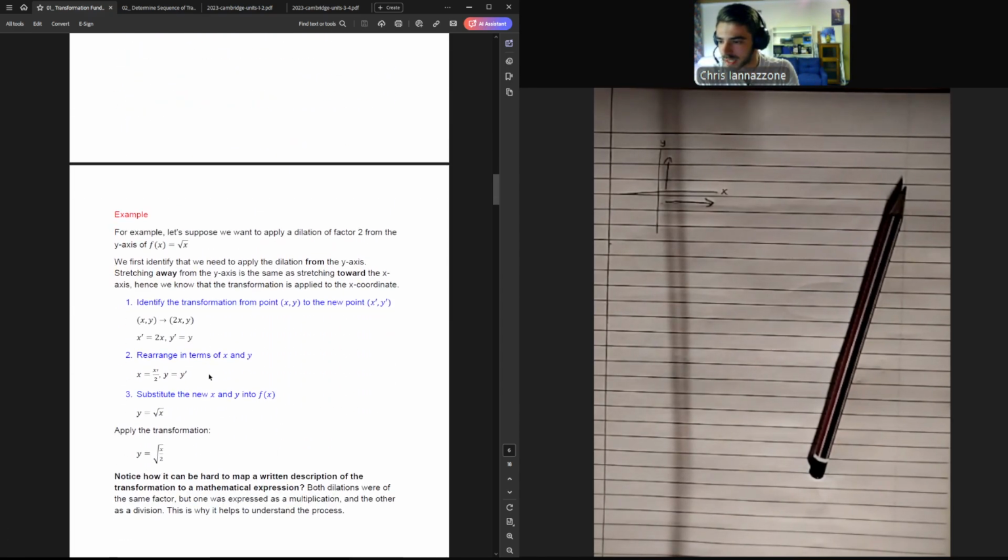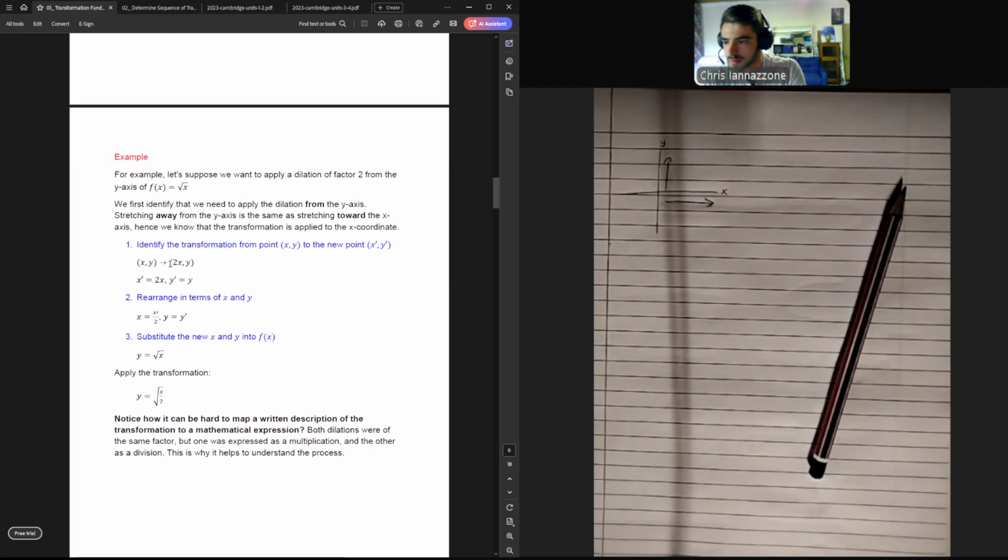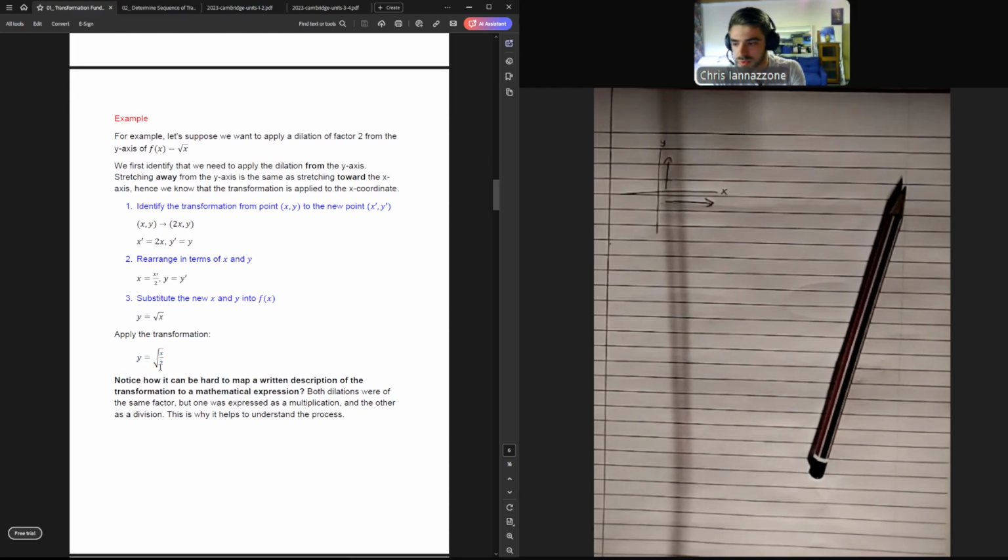So again, if we look at how that would apply to the graph of square root x, well, instead of having x comma 2y, we now have 2x comma y. Rearrange, substitute, and just like that, there's no further simplification to be done there. And so you see how you have a division by 2 rather than a multiplication of 2, even though the dilation factor in both circumstances is still considered 2.